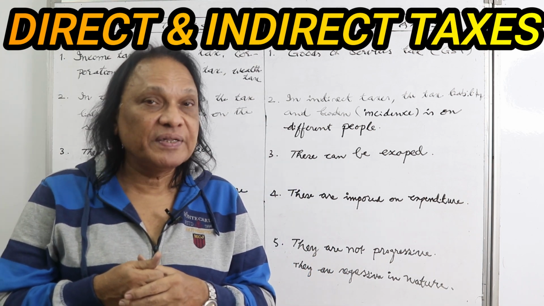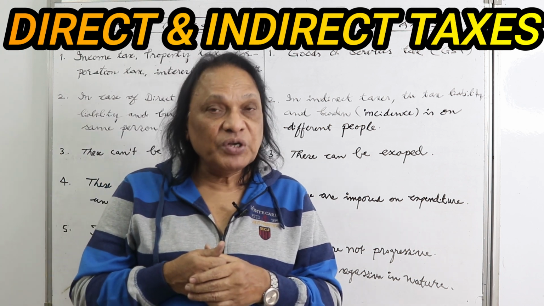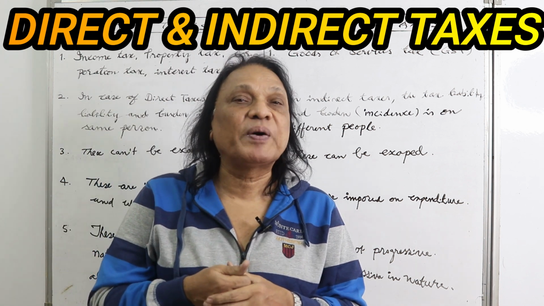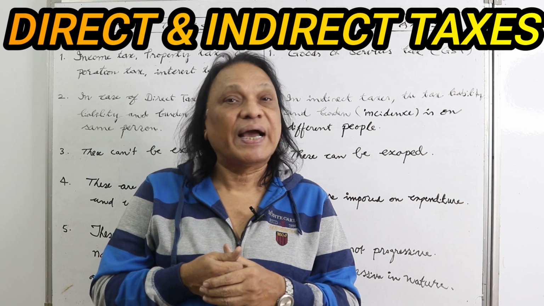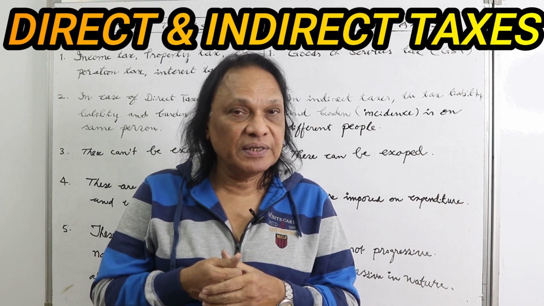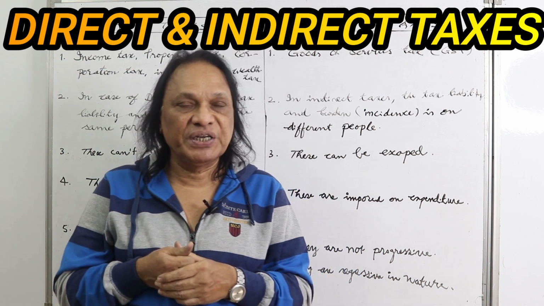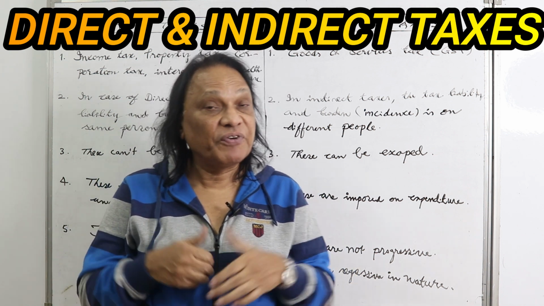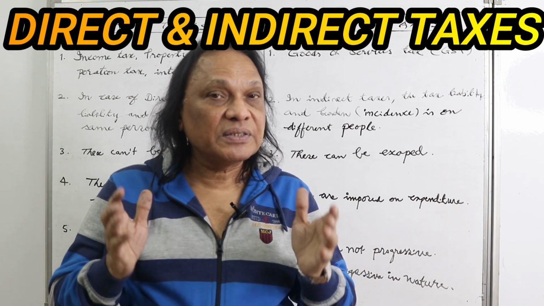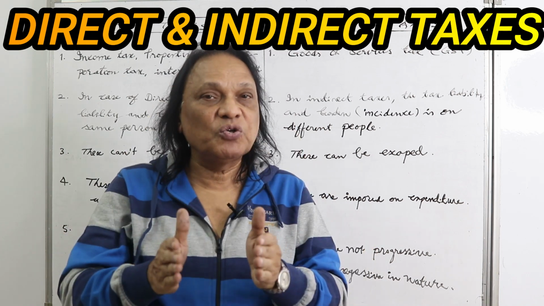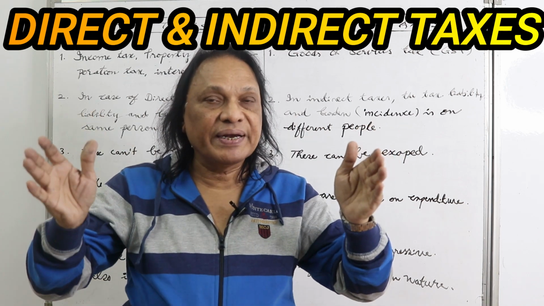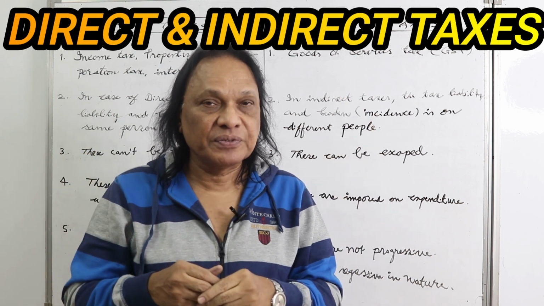And we have seen that revenue receipts are divided into two parts: tax revenue receipts and non-tax revenue receipts. And further we learned tax revenue receipts are divided into two parts. One is direct taxes, one is indirect taxes.